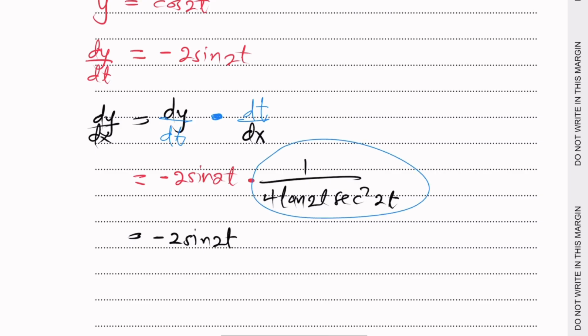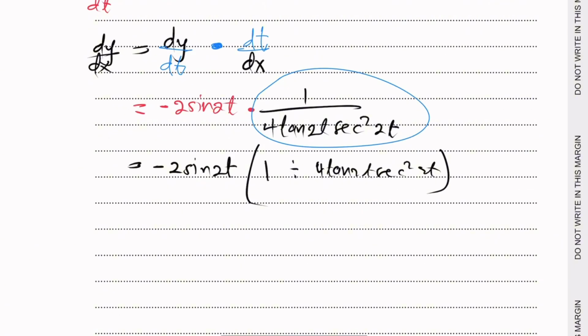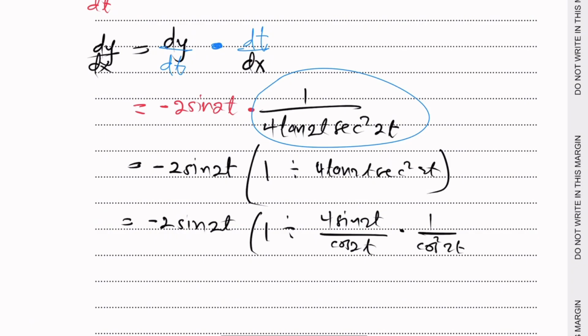Maybe something will cancel. So we have 1 divided by 4 tan this. So okay, let me just write it quickly. I wanted to use a shortcut, but I think you will appreciate it if I use more steps. So 1 divided by 4 sine 2t over cos 2t times 1 over sec square means cos square 2t.